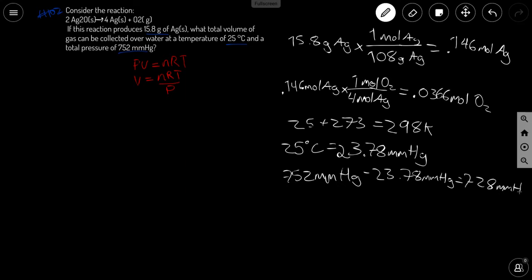And this number, we can go ahead and convert into atm. The conversion factor for millimeters mercury is 760 millimeters mercury for 1 atm.